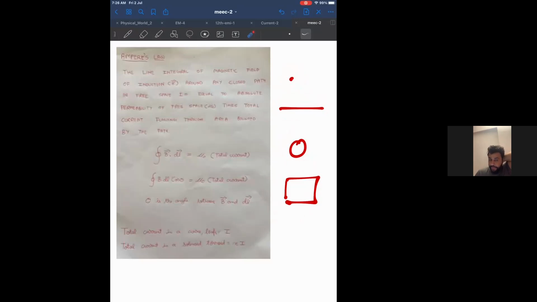And remember, Ampere's law is applicable only for closed surface, not for open surface. Is it clear, all of you? Now, don't write, just listen. Let us do it one more time.